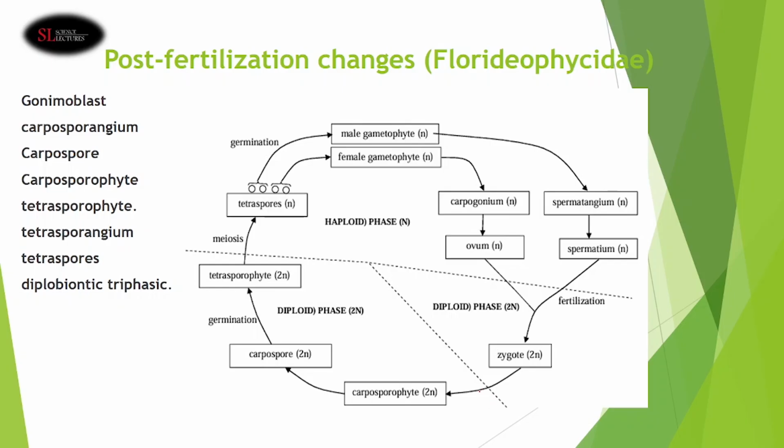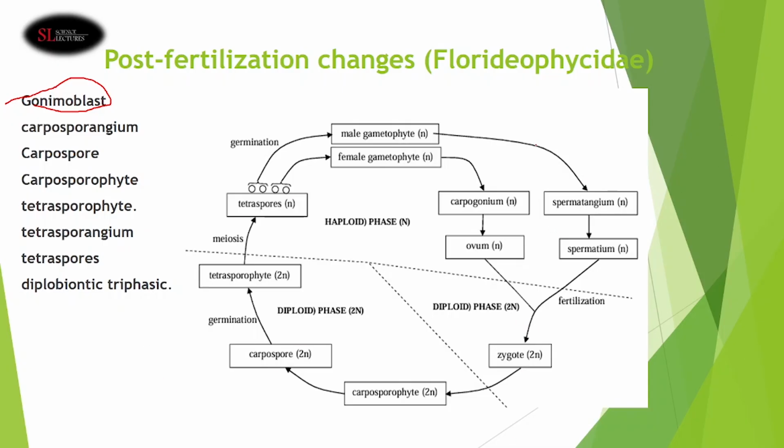When it undergoes mitosis, it forms a specialized filament called the gonymoblast. This gonymoblast has a terminal cell. Remember, we said growth is either diffuse or by an apical cell. So the apical cell of the gonymoblast produces the carposporangium.